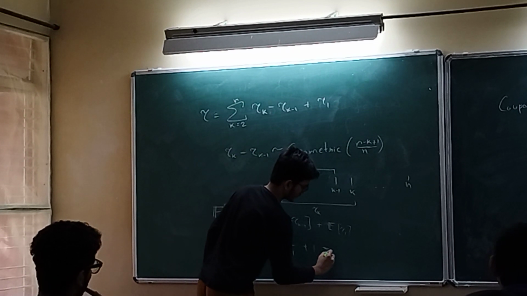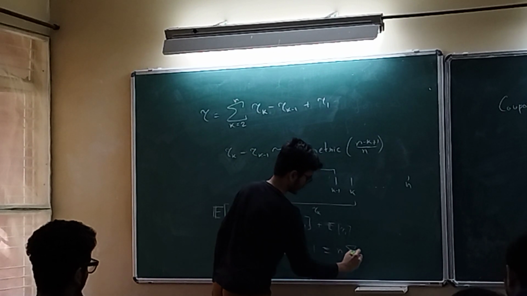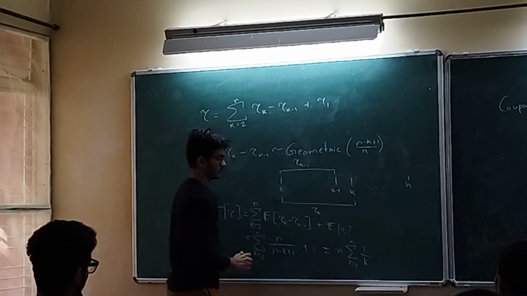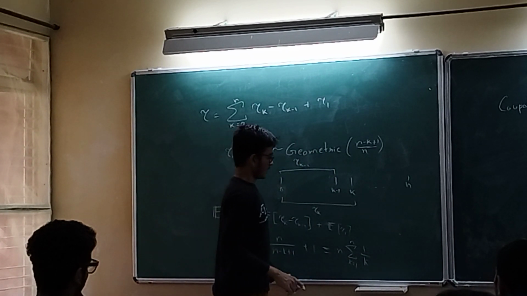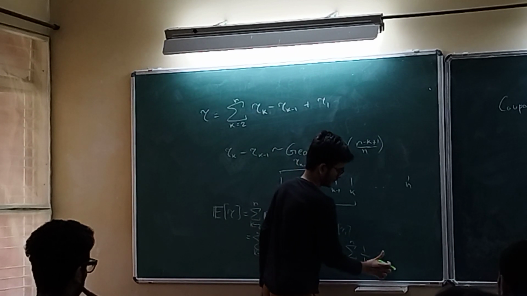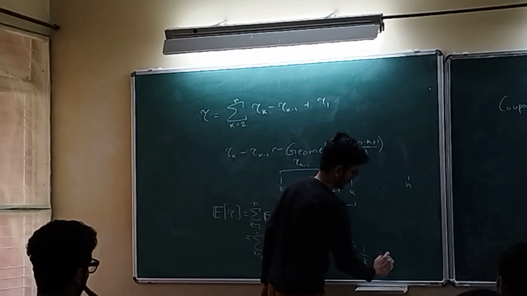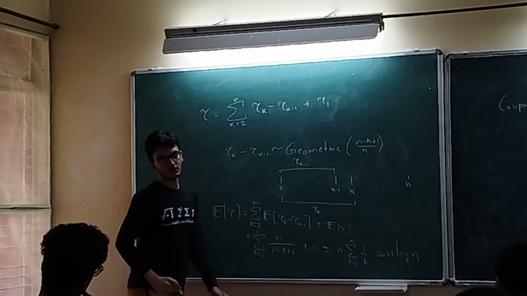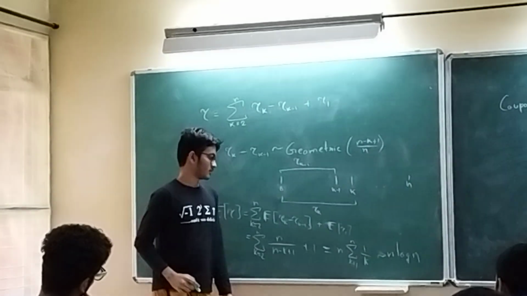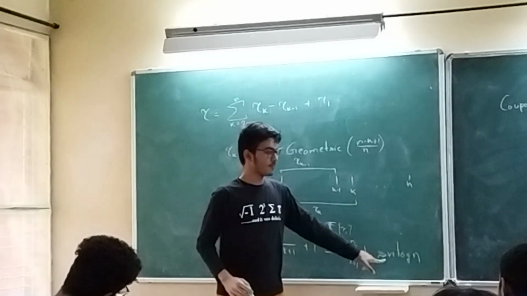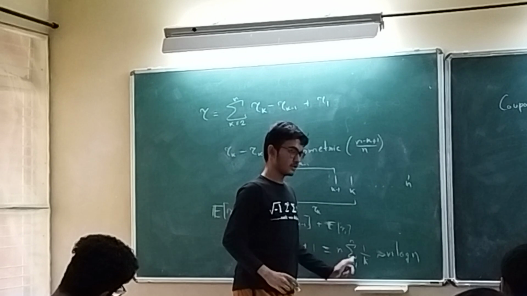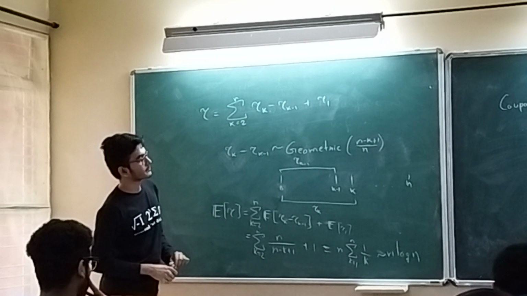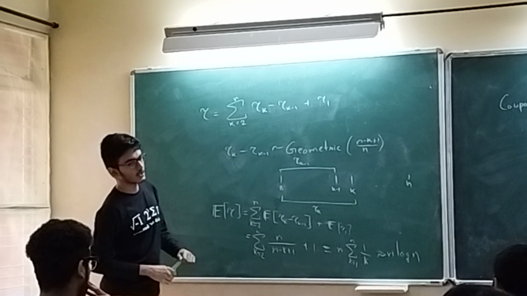If you rearrange this, it will just come out to be... And this is quite good if you know this notation. This is just upper bounded by some constant times... and so this gives us the expectation that I am calculating.